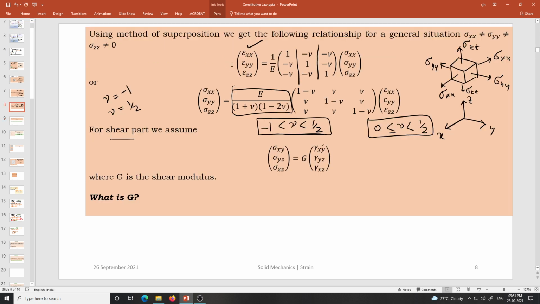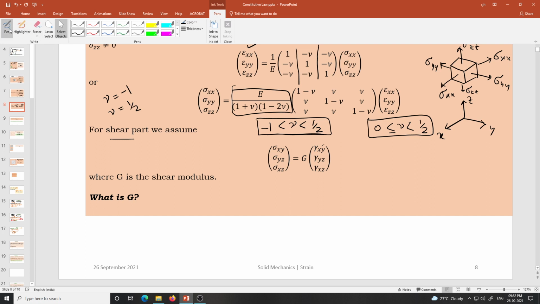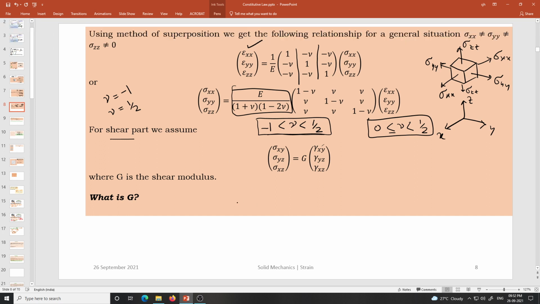Now if sigma zz equals 0, if you take the last relationship, which says that sigma zz equals E over 1 plus nu times 1 minus 2 nu, times nu times epsilon xx plus epsilon yy, plus 1 minus nu times epsilon zz.